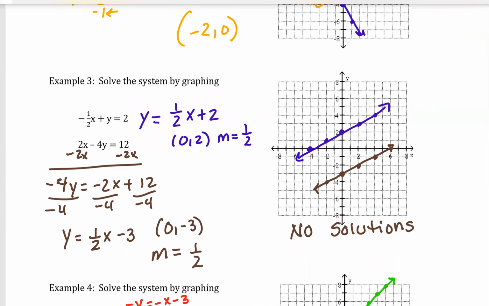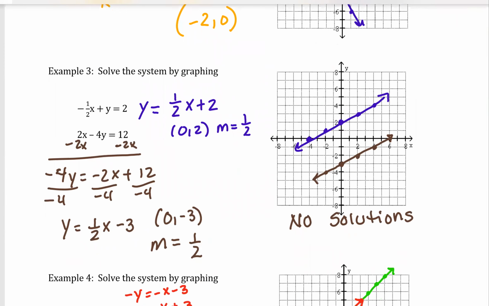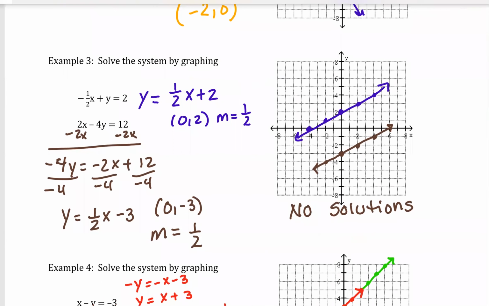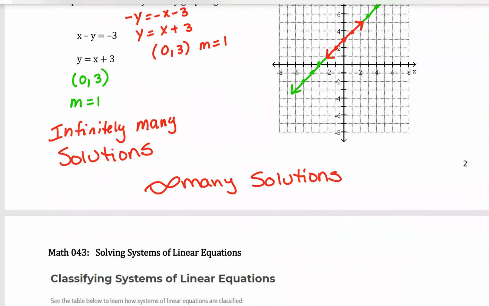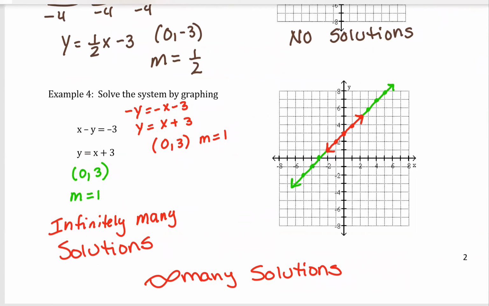However, example 3, the lines are parallel, so there is no solution. If there's no solution, then the system is inconsistent. And in example 4, we have a solution, and it's infinitely many solutions. So we say it is consistent and dependent. And there you have it.